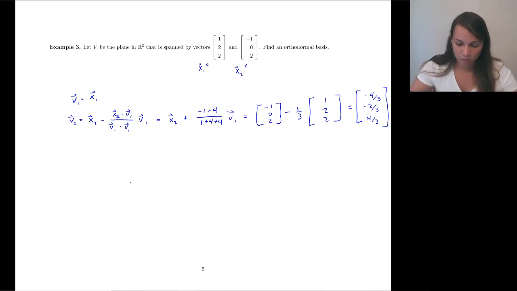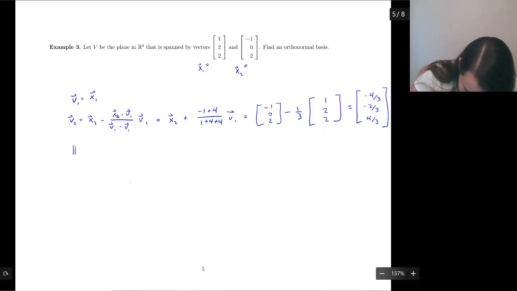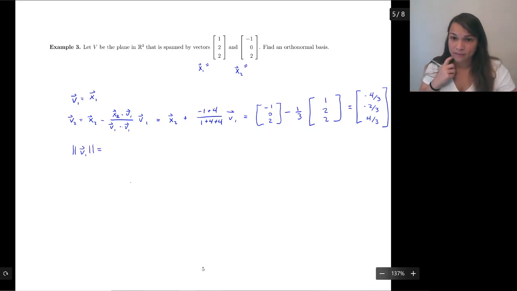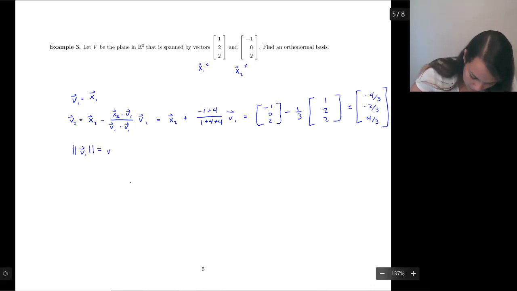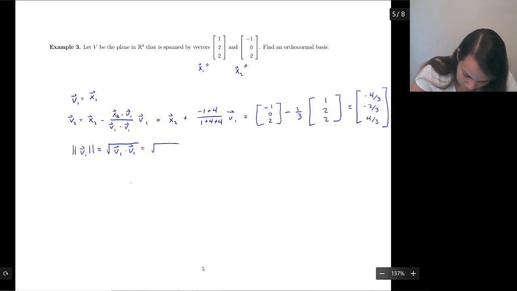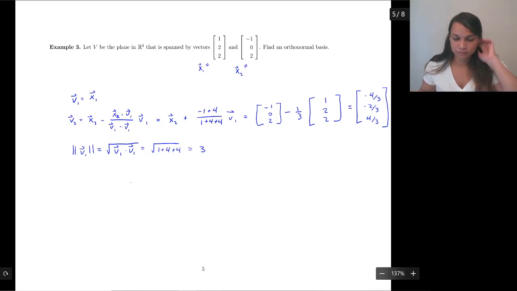So we have our basis, we have our V1, we have our V2, but it said orthonormal, so let's normalize it real fast. If we normalize V1, we're going to need the length of V1, which is going to be the square root of V1 dot V1, which is the square root of 1 plus 4 plus 4. So that's a 9, so the square root would be 3.